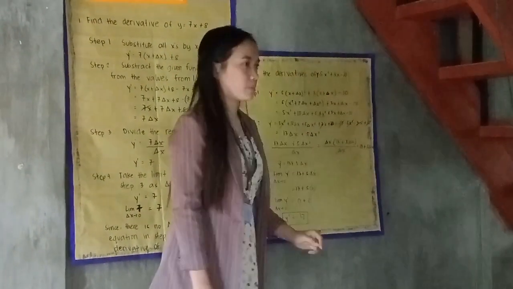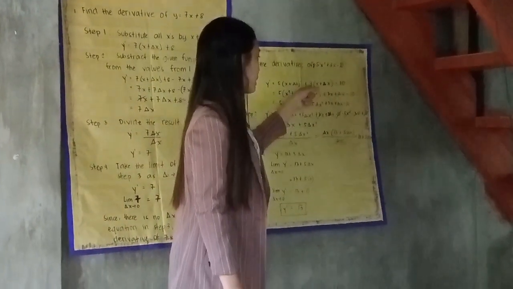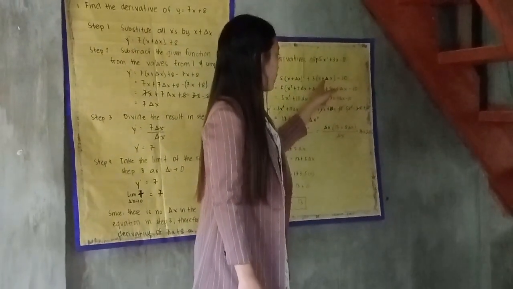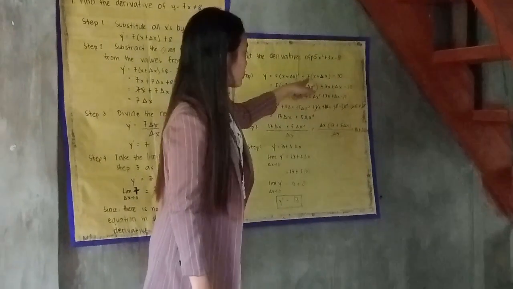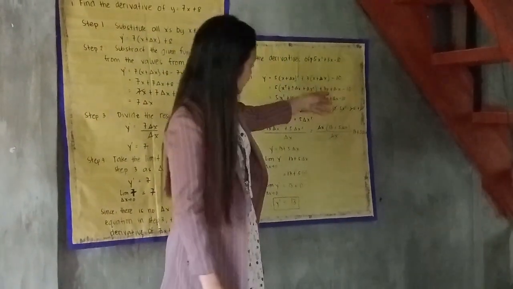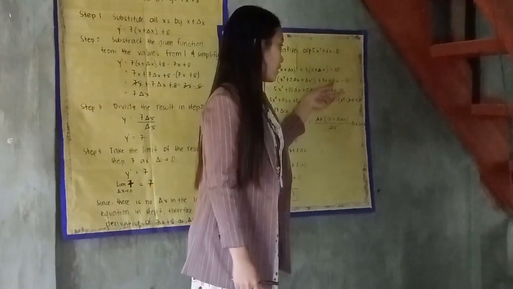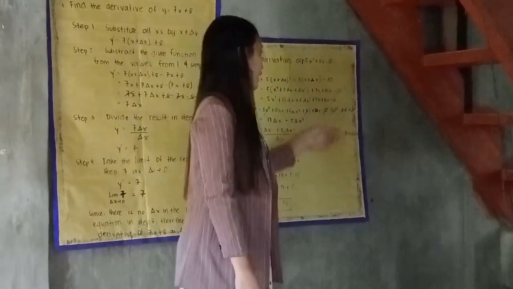Then, using the distributive property of multiplication, we distribute the 3 to all the values inside the parentheses. So 3 times x becomes 3x, then 3 distributed to delta x is 3 delta x. Then copy the negative 10.